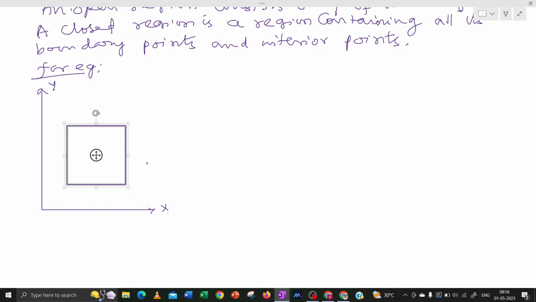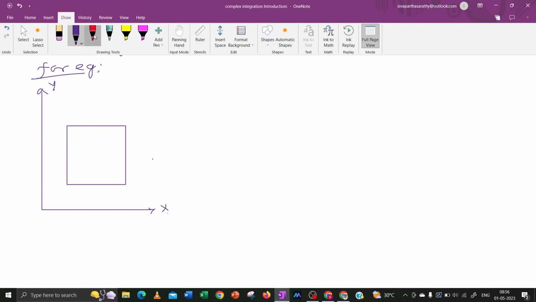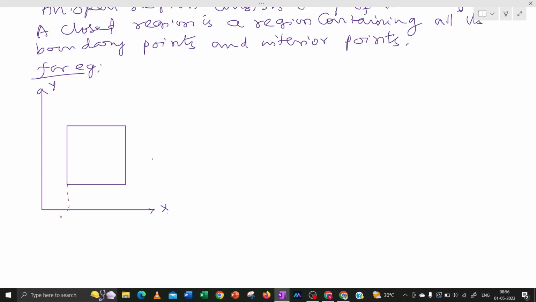This is a closed region actually. It is one region. Now, what are the boundaries for this region? The boundaries are x equal to a, x equal to b, y equal to c, and y equal to d.